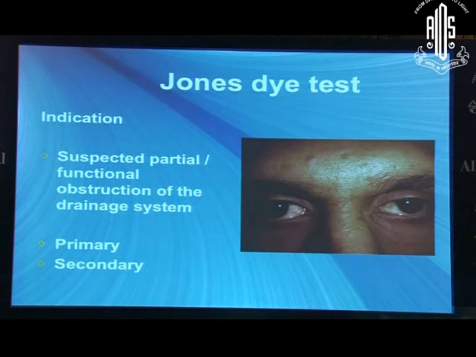What does the Jones dye test do? Jones dye test is indicated only in cases where you're suspecting either a functional obstruction, the passages are patent structure wise or at least partially patent structure wise, but the patient has symptoms. And there it is important to look at the function by either a primary Jones dye test or a secondary Jones dye test.